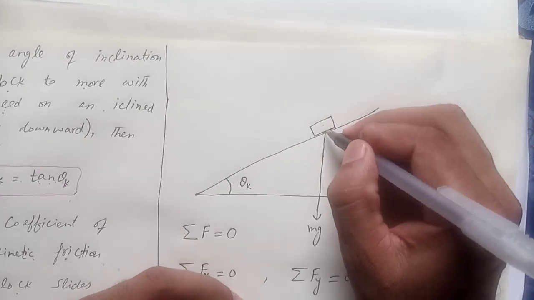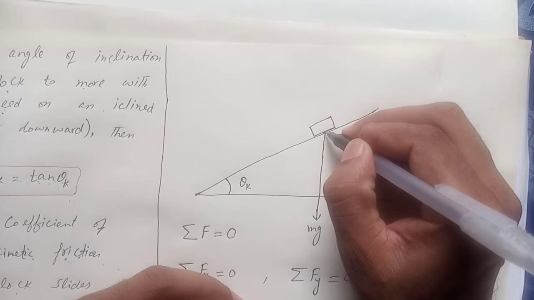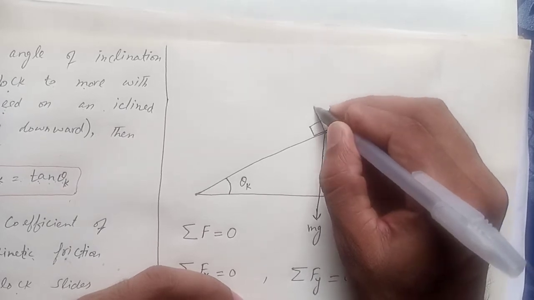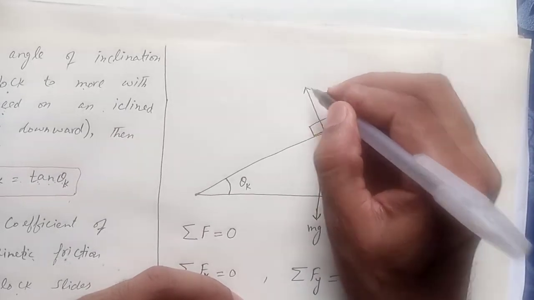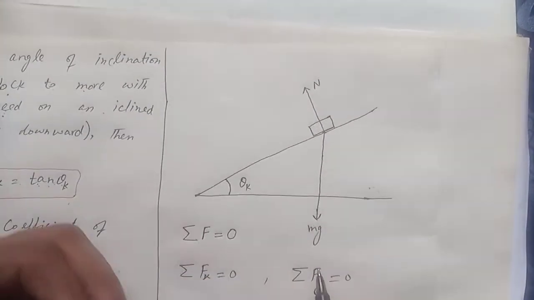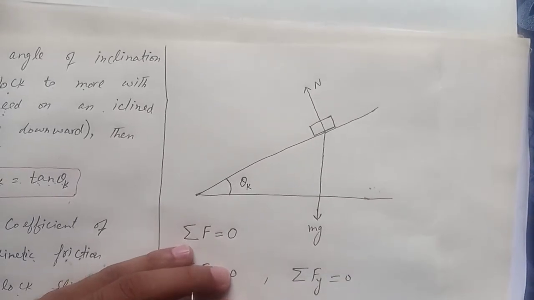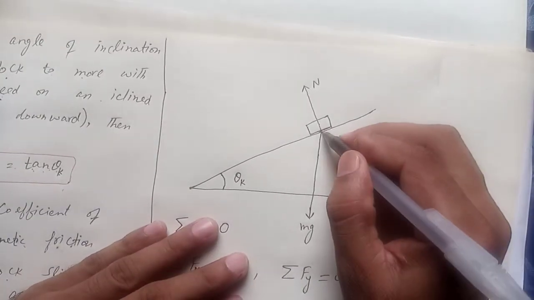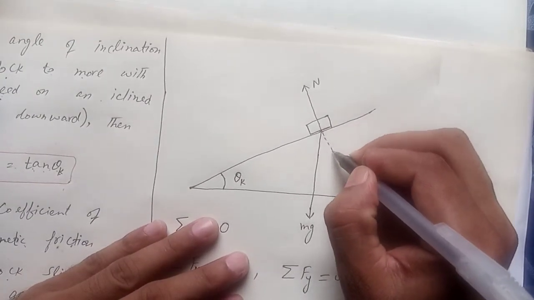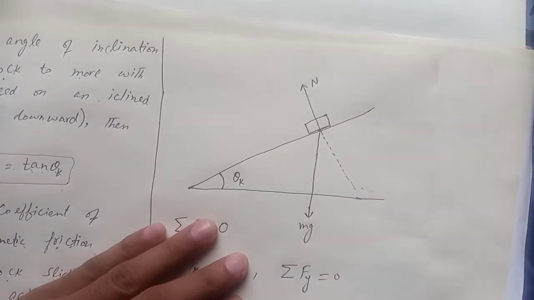The normal force is perpendicular to the surface of the inclined plane, and this is the normal force acting on the block. I again repeat, the normal force is always perpendicular to the surface, and I can extend the line of action of the normal force as this.